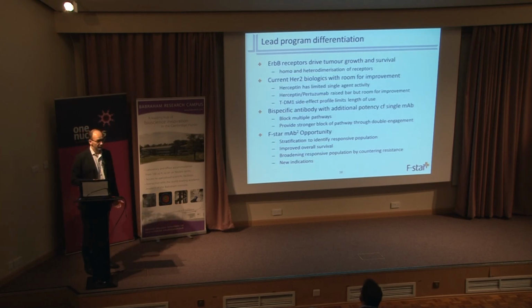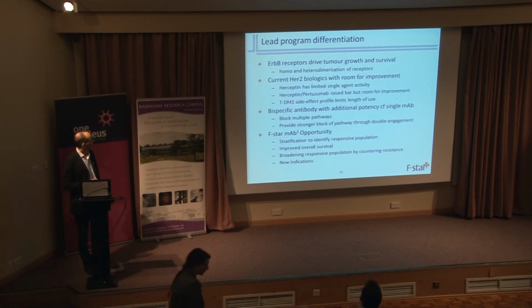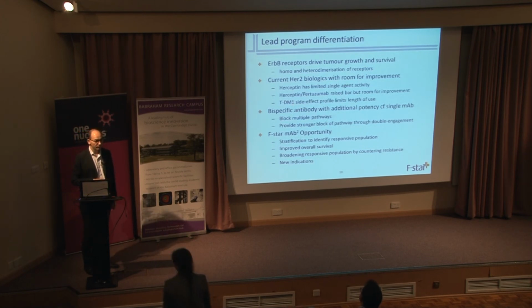Herceptin itself has very limited single agent activity and a high proportion of patients are non-responsive. The combination of Herceptin and pertuzumab has improved, but still, really, you don't see any cures to any great degree. Then there's a TDM1 product, which is an antibody-drug conjugate version.